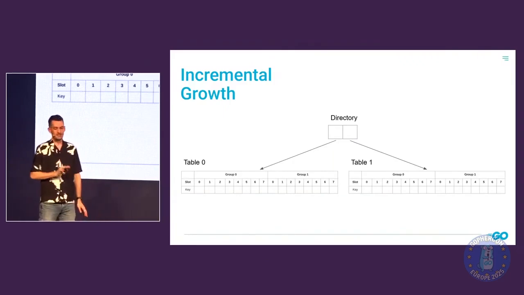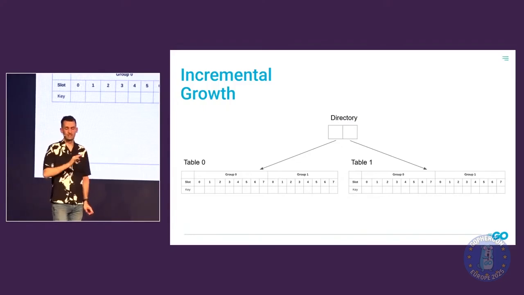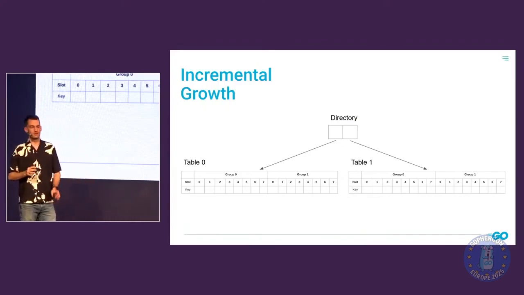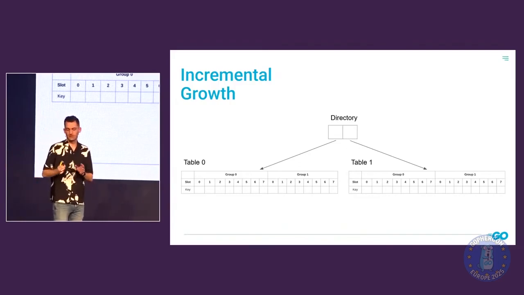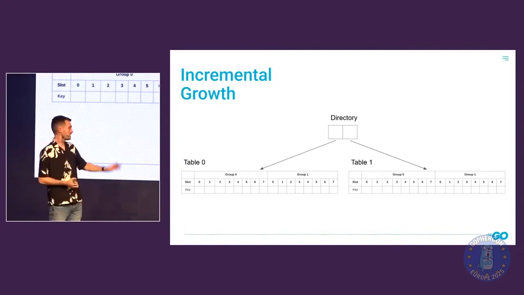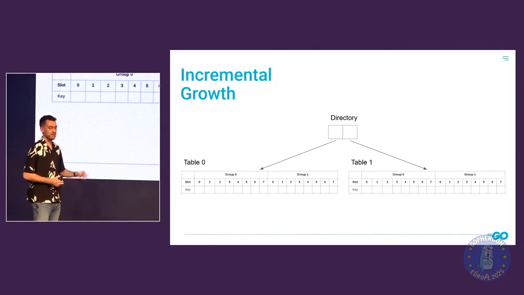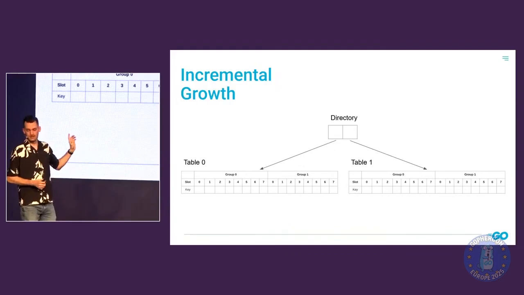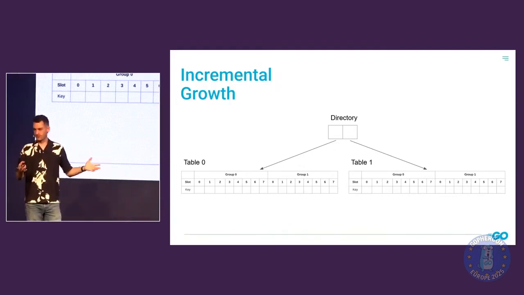A Go map is not actually just a single Swiss table, but it consists of multiple independent Swiss tables that each cover a subset of the hash space. And each of those internal tables can grow independently of one another. So in an example here, if we have, say, 2 tables in our map, if an insert targets table 0 and that table is full and needs to grow, that table will grow all at once during the insert.